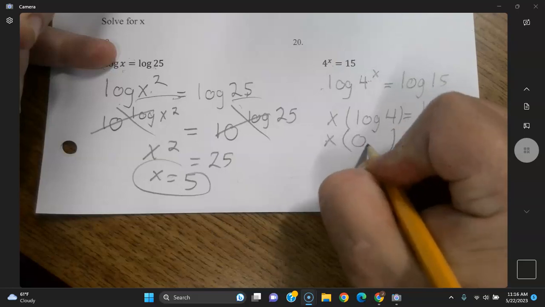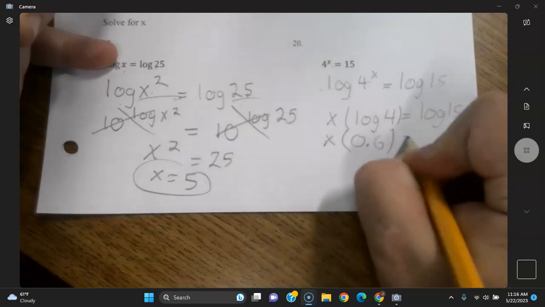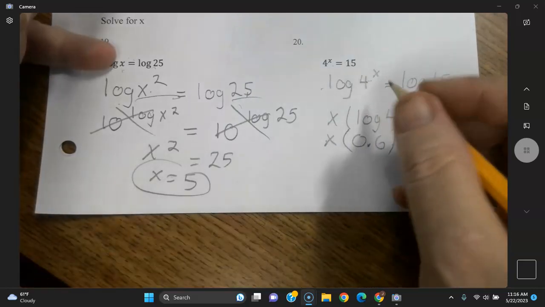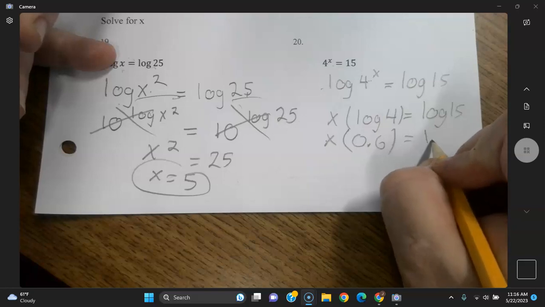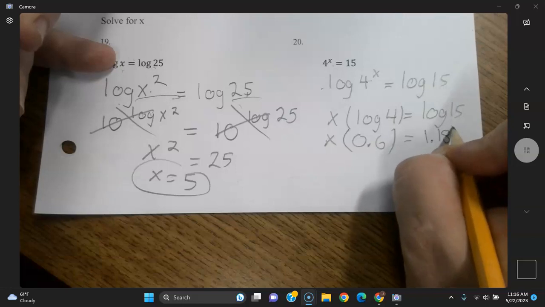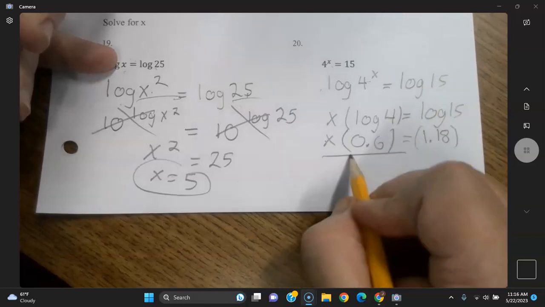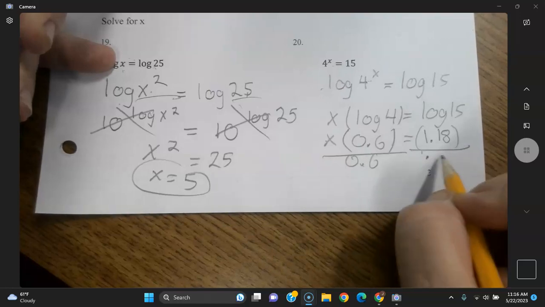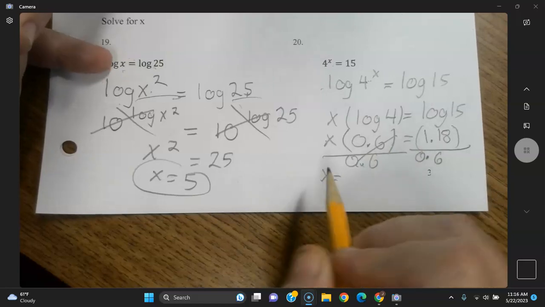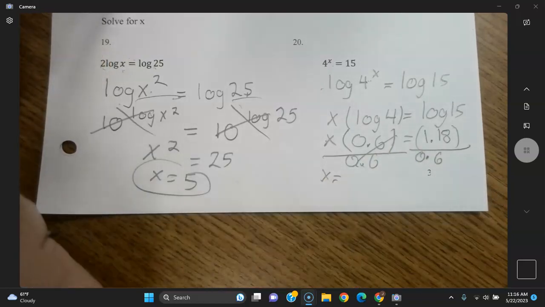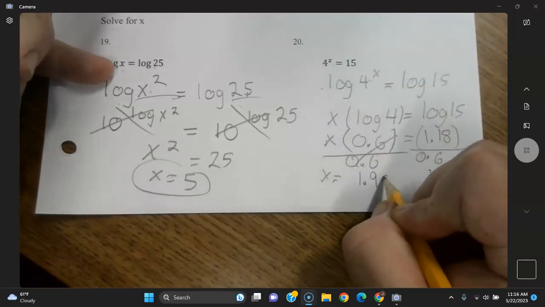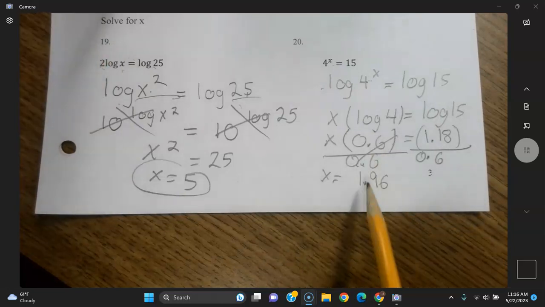And we've done that a few times, so it's 0.6 times x equals log of 15, and that's 1.18. Okay, divide both sides by 0.6. These cancel, so that means x is going to equal 1.96.